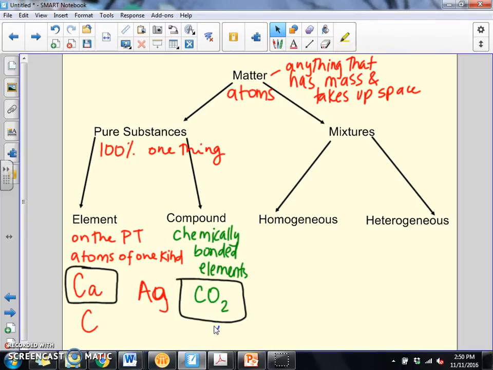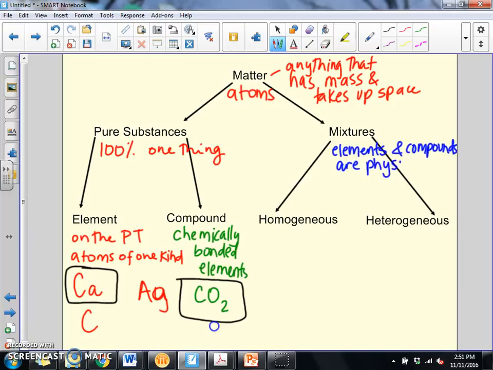If we look at a mixture, it is when elements and compounds have been physically combined. Notice that I use the words physically combined. That's because they are not chemically reacting. They're only physically combined.